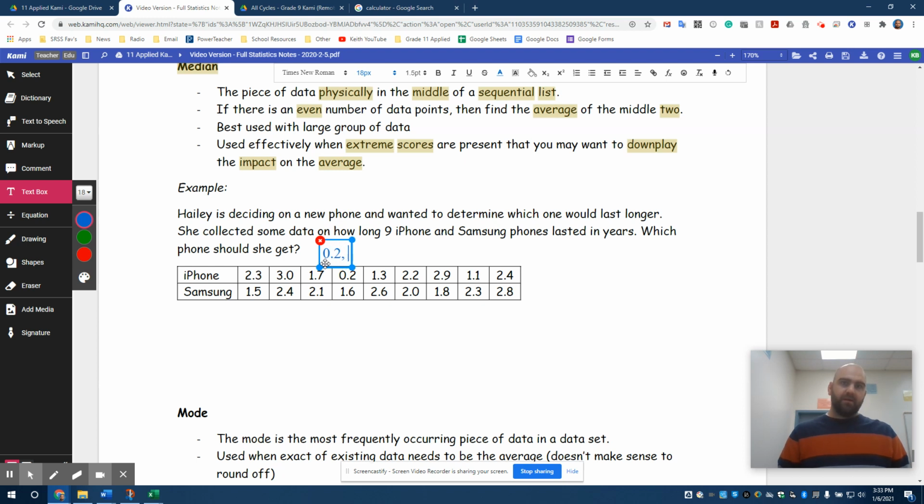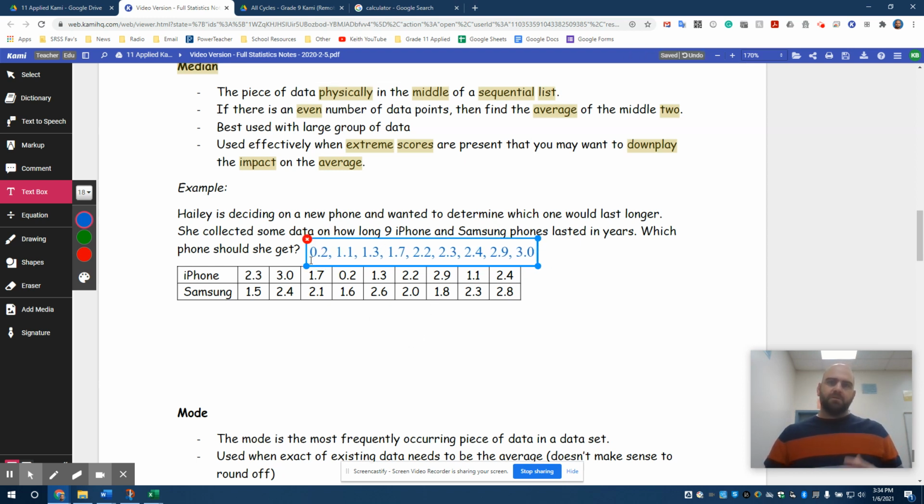The smallest one is 0.2, then 1.1, 1.3, 1.7, 2.2, 2.3, 2.4, 2.9, 3.0. So there are our 9 iPhones, listed from smallest to biggest.